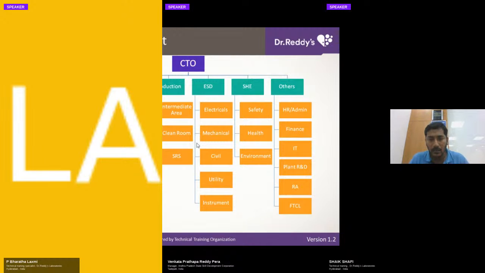Coming to health, so every year they will be conducting annual health checkups. And environment, basically treatment of effluents. Coming to others, under others, HR will come, finance, IT, plant R&D, regulatory affairs, and FTCL. We'll discuss this in the next slide.